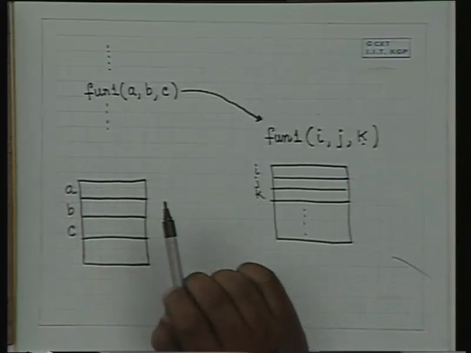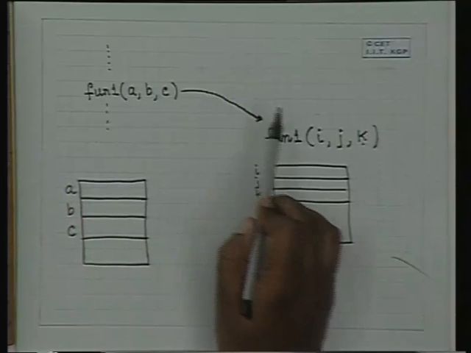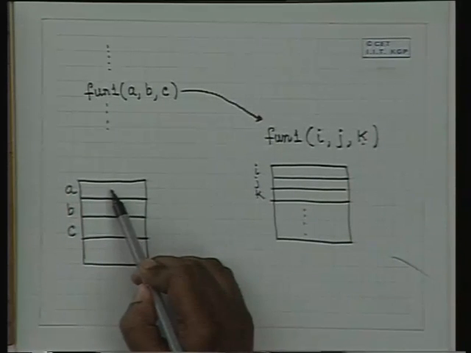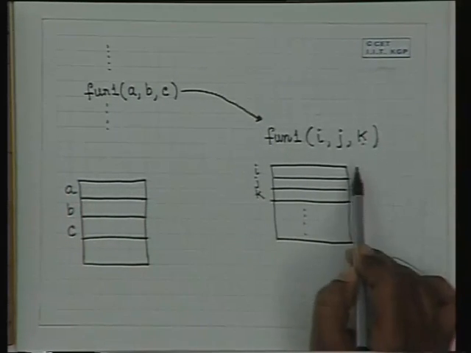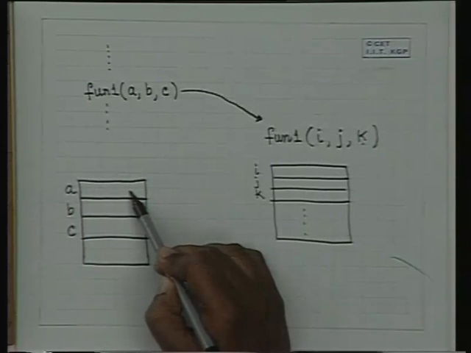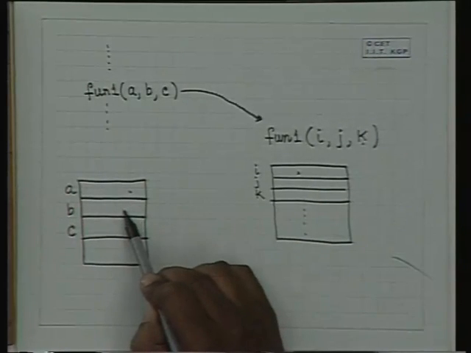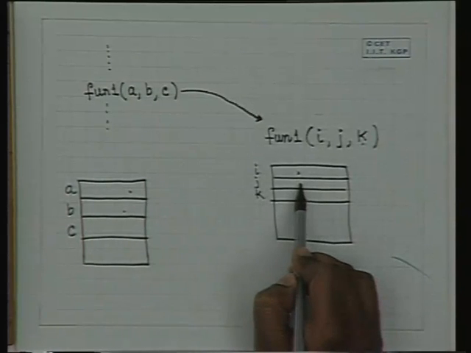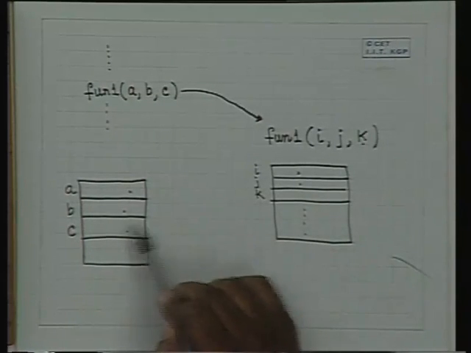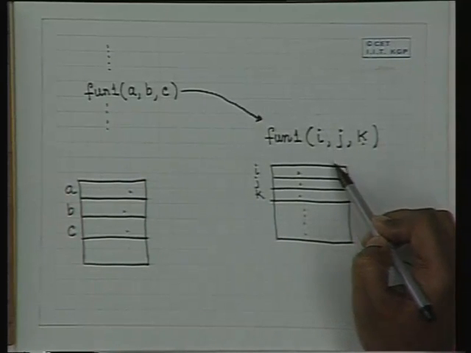In C language this is what exactly happens. When a function is called, this memory is allocated, the value of A is copied into the value of i, the value of B is copied into the value of j, the value of C is copied into the value of k, and then this starts executing.